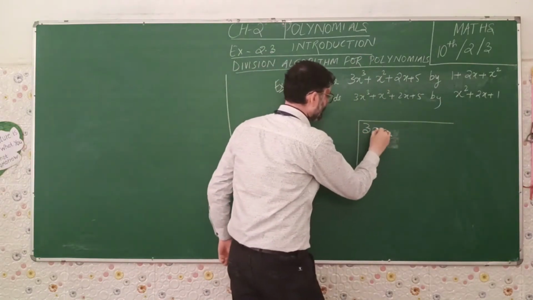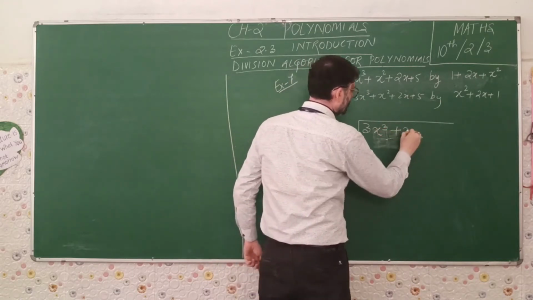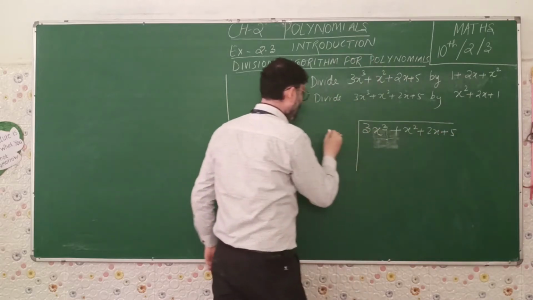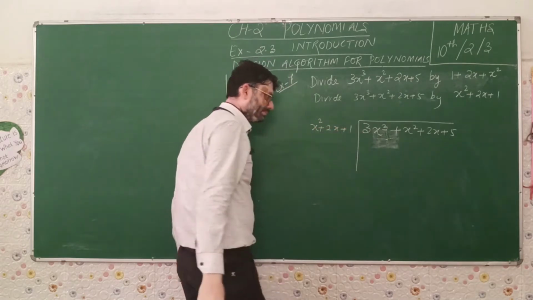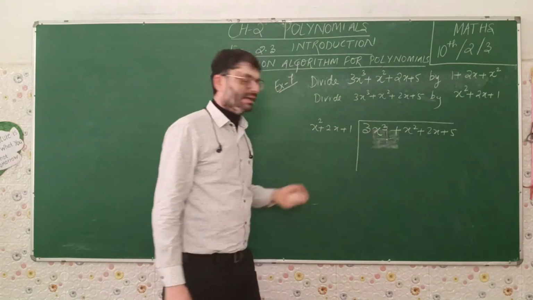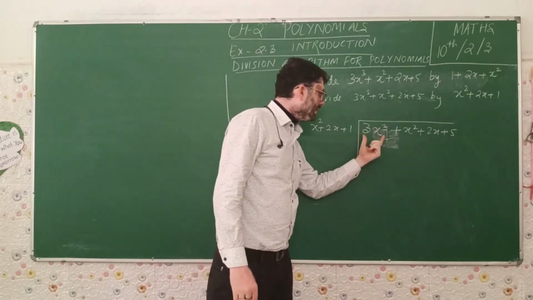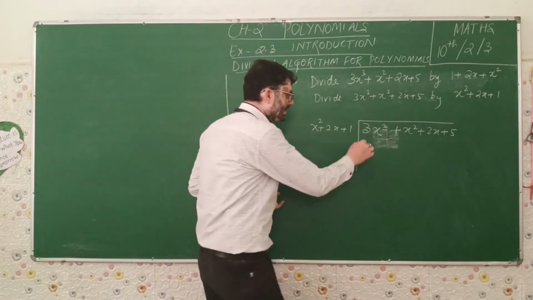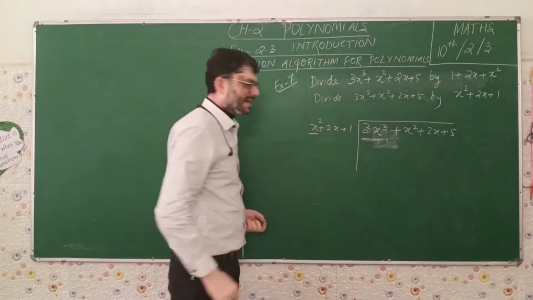This is 3x cubed plus x squared plus 2x plus 5 by x squared plus 2x plus 1. While performing the division of a polynomial by a polynomial, concentrate on the first term of the polynomial that is to be divided and the polynomial that is dividing. Here the first term is 3x cubed and here the first term is x squared.